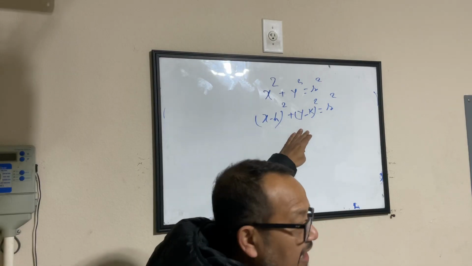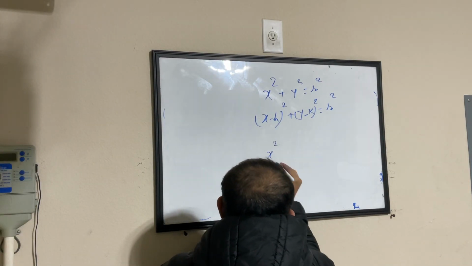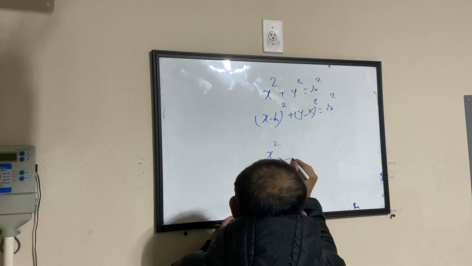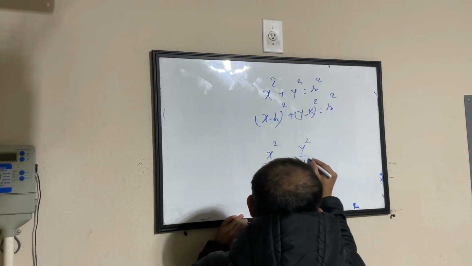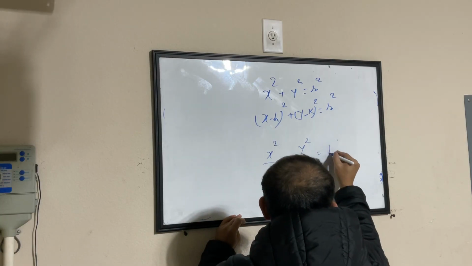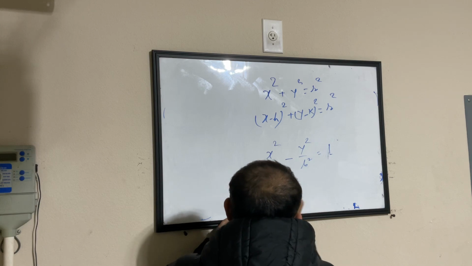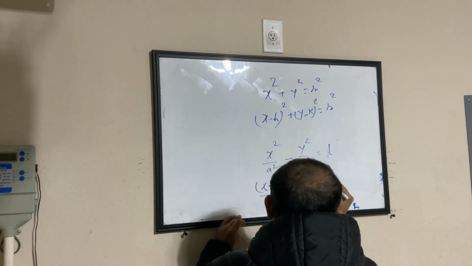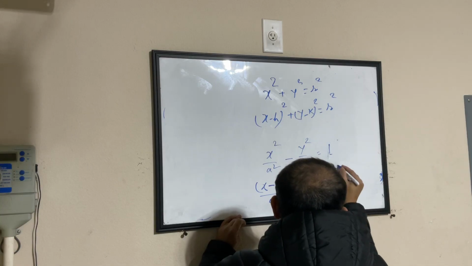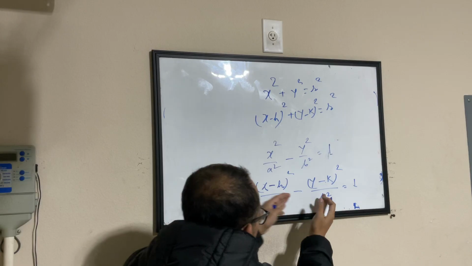Same way, in case of hyperbola, we say x squared by a squared minus y squared by b squared equal to 1, or (x minus h) squared by a squared minus (y minus k) squared by b squared equal to 1. Or we can flip the sign.